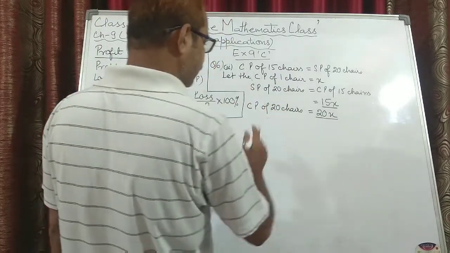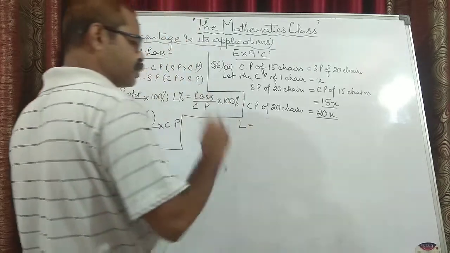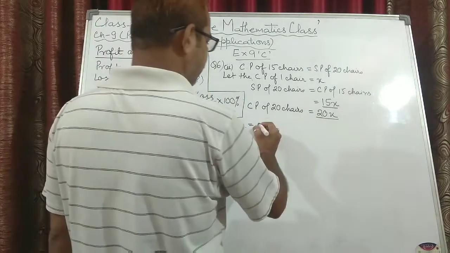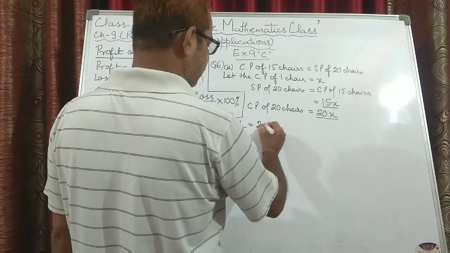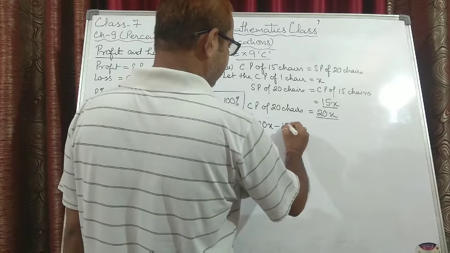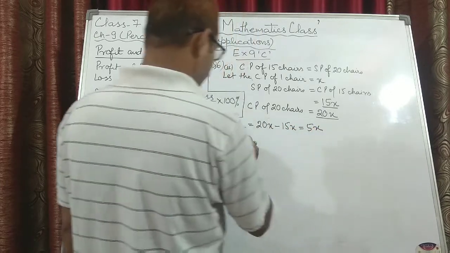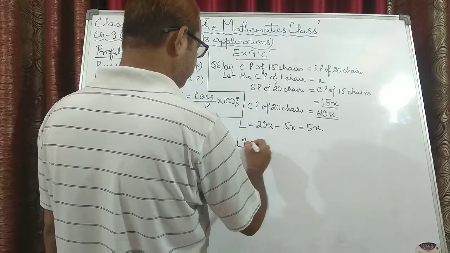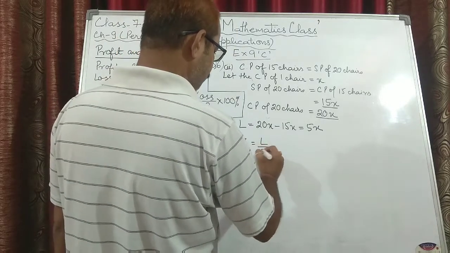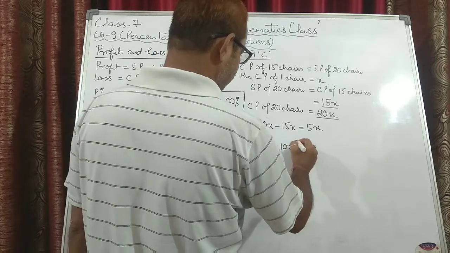It means we have a loss, because loss is when the cost price is greater than the selling price. The cost price is 20X and the selling price is 15X, so the loss comes out to be 5X. So loss percent will be loss upon the cost price of 20 chairs into 100%.